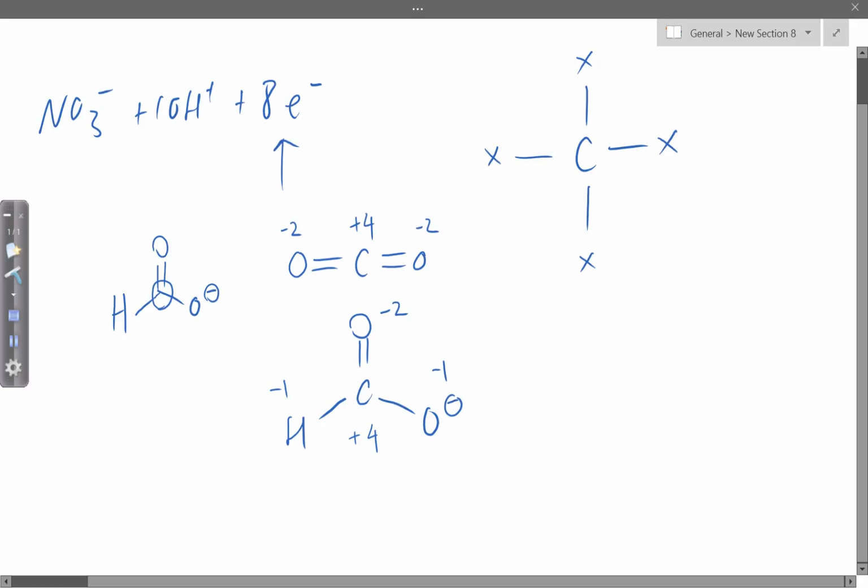If X is an electronegative atom, for this bond I put a minus plus, because this will attract electrons more towards itself. Same thing for the rest, plus minus plus minus minus plus. Afterwards, I just have to count the number of charges around carbon. I add them up, and I will obtain its oxidation state, which is +4.